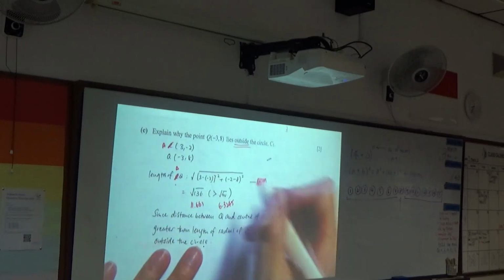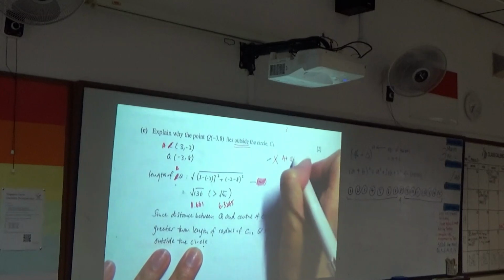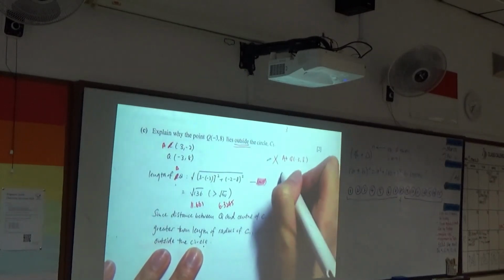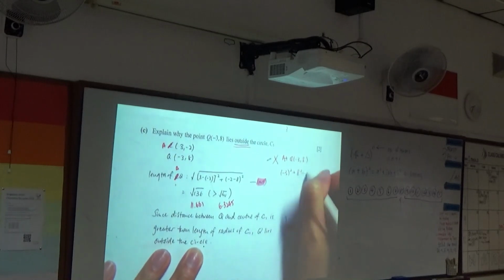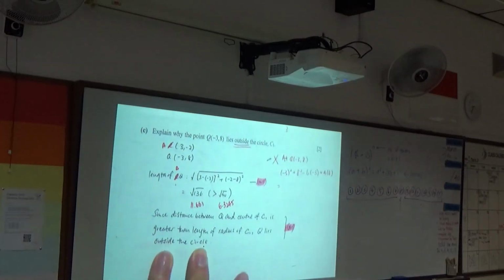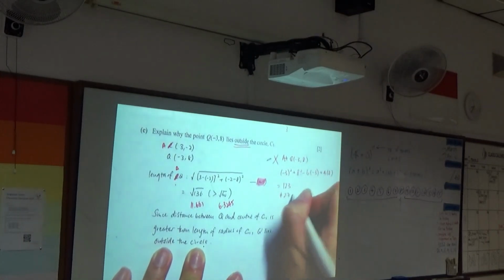Okay, so it's not acceptable if you tell me that at Q (-3, 8), substituting into the equation of the circle, it equals to, I don't remember what that is, calculate, 123.